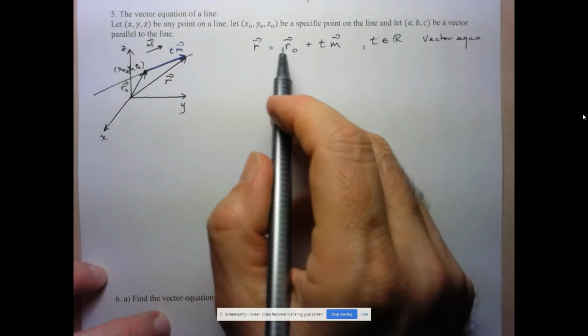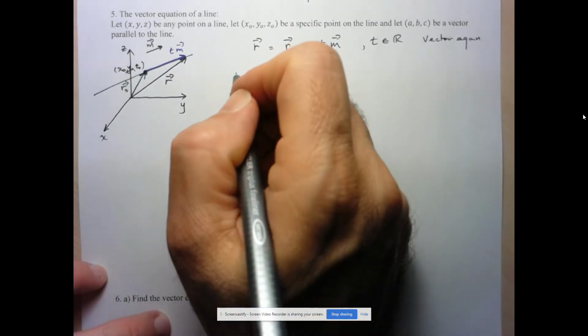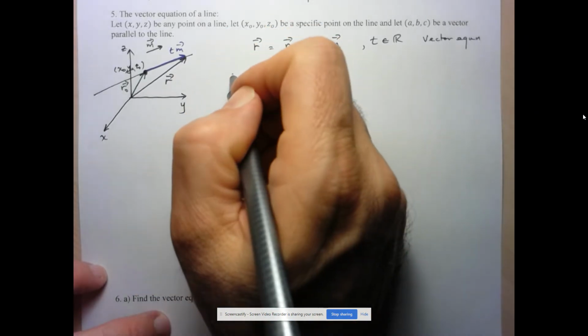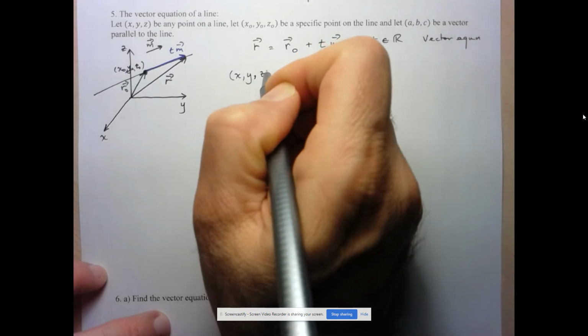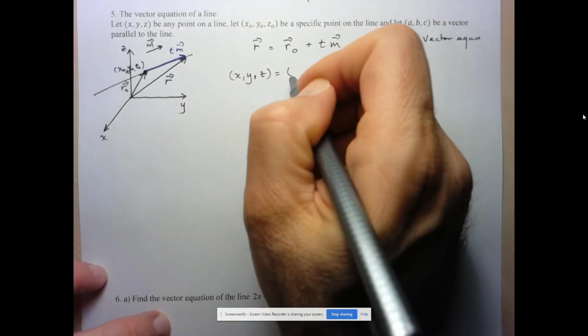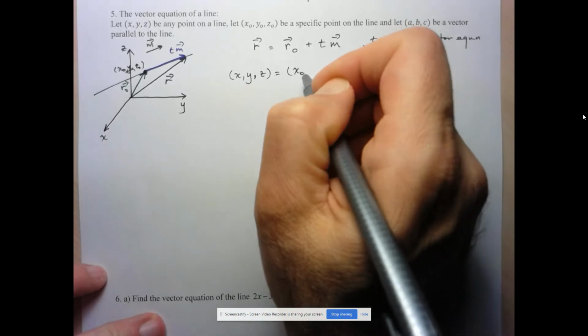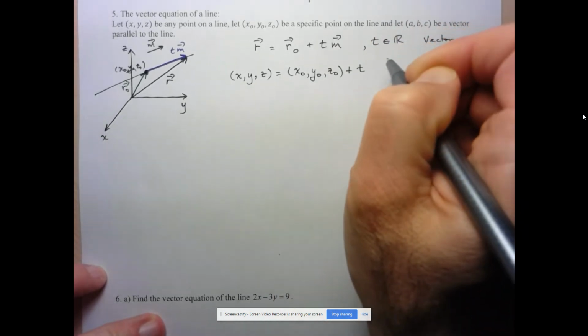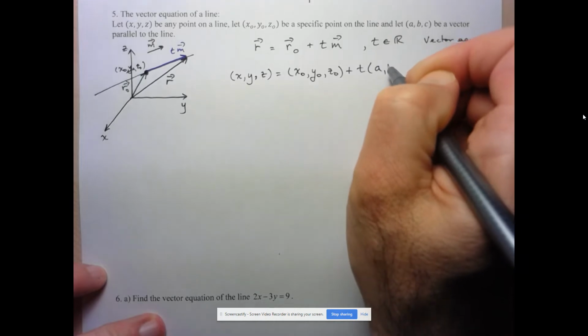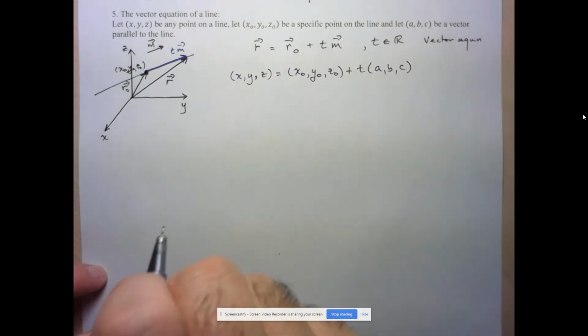So this is what we call the vector equation. But if we take this vector equation and write it out with the component vectors, here we have vector xyz, which is our vector r, is equal to the vector to the given point x naught, y naught, z naught, plus some scalar multiple of our direction vector, which we'll call ABC.